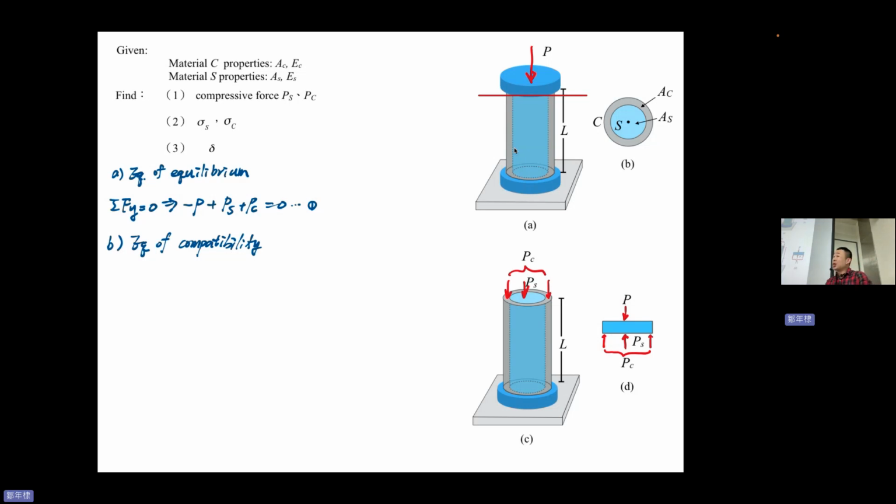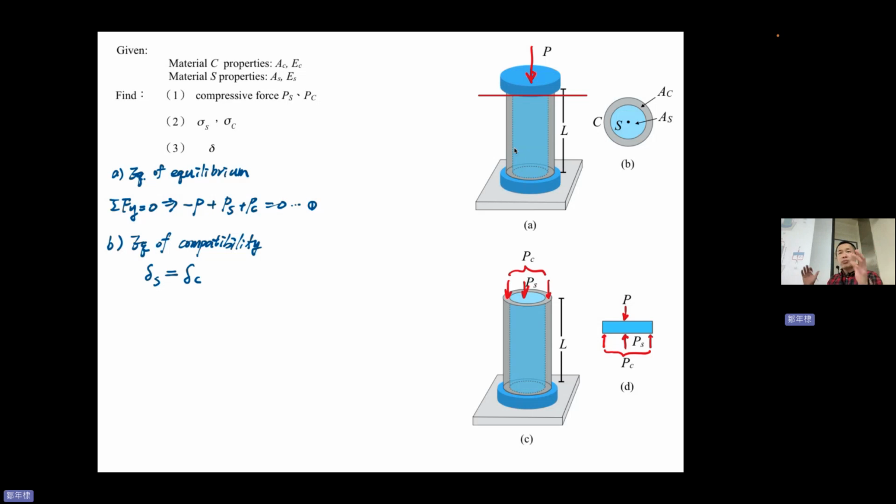Oh, is that delta equal to 0? No, right, you're right. So you see, when you do the compression, it must have some delta. So what is the difference? What is the equation? Because you are using the same plate, so you will have delta S and delta C, which are equal, right, because you press together, right?